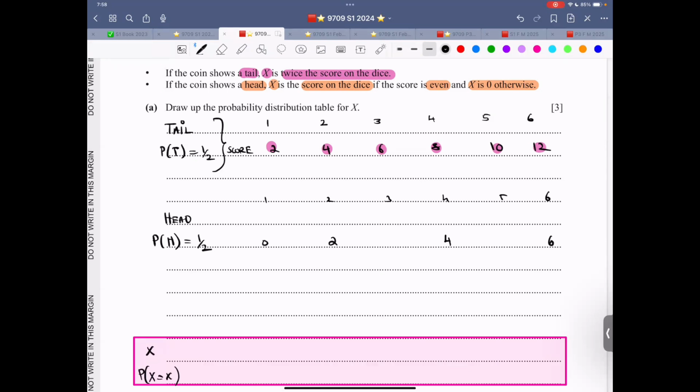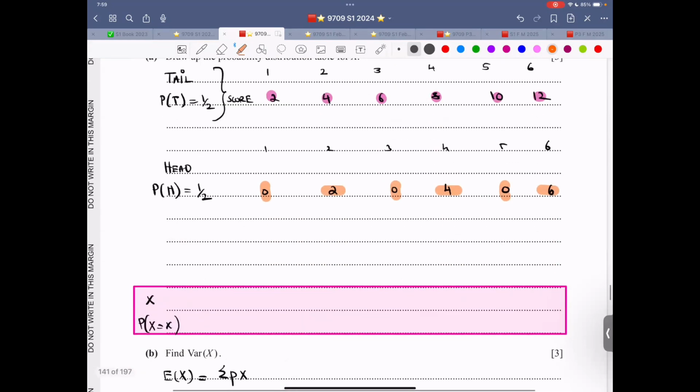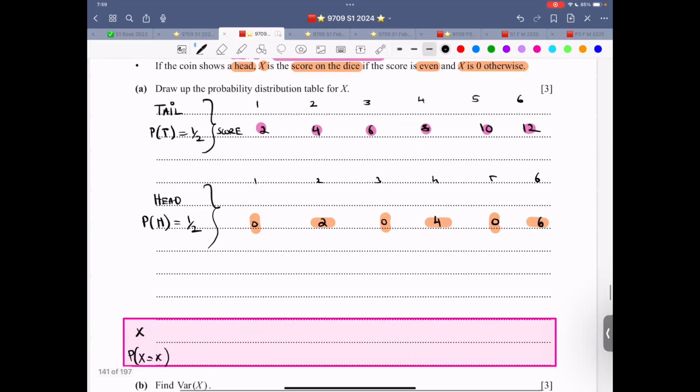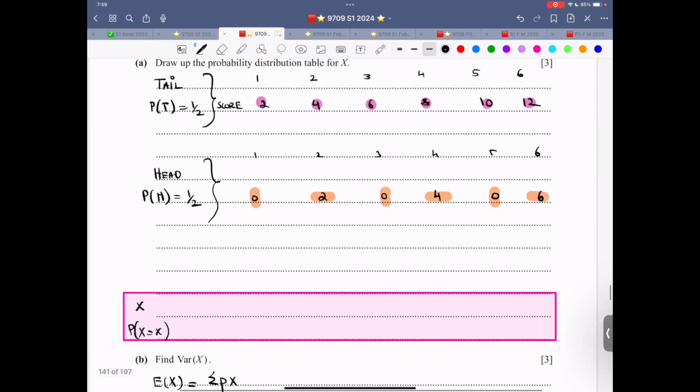Otherwise, you are getting a 0, a 0, a 0. So first of all, 2, 4, 6, and then 0, 0, 0. So both things are considered. Now again, over here, the probabilities will be multiplied by half.